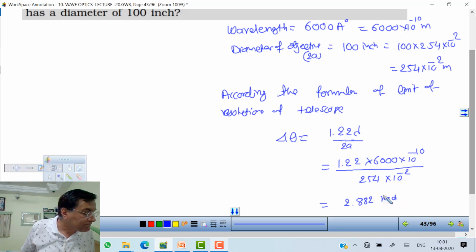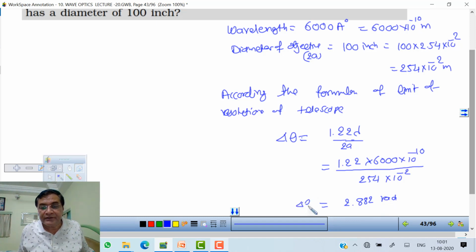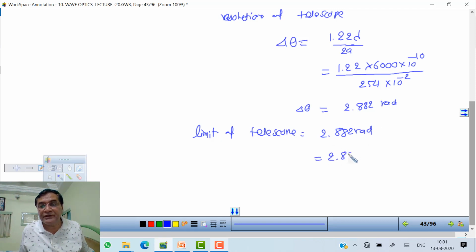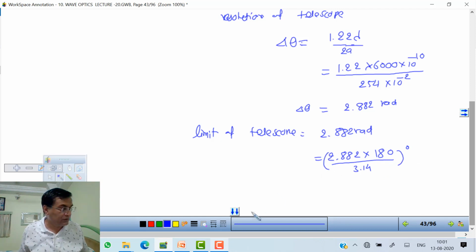So this is delta theta. So the limit of the telescope is equal to 2.882 radian, or suppose it is given in degree, then 2.882 into 180 upon 3.14 degree. Okay, that is what was asked.